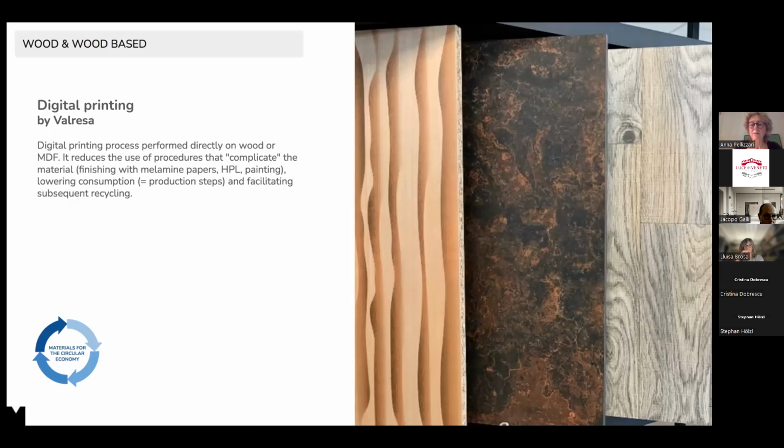So without finishing processes that add layers and layers, it's basically ink and a surface coating.